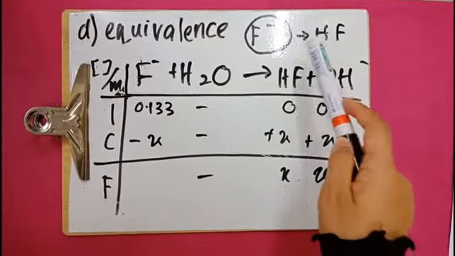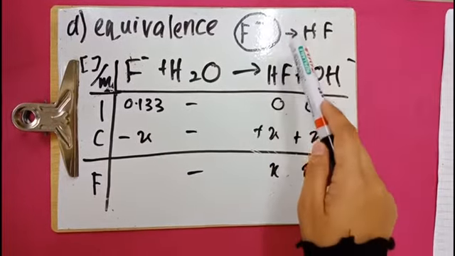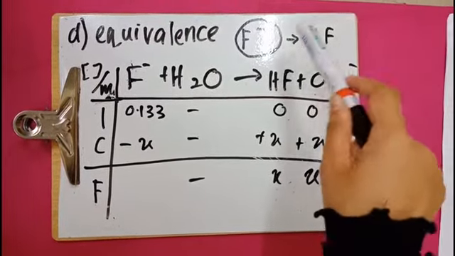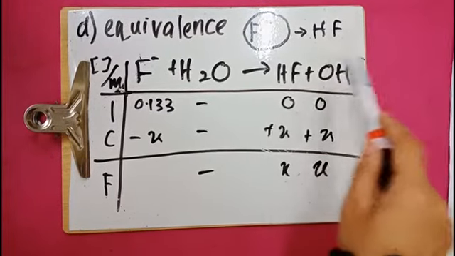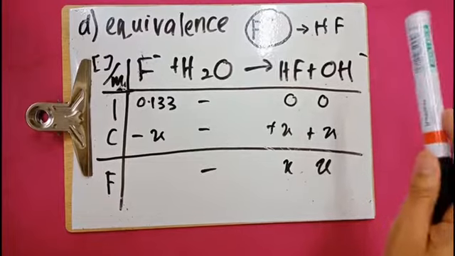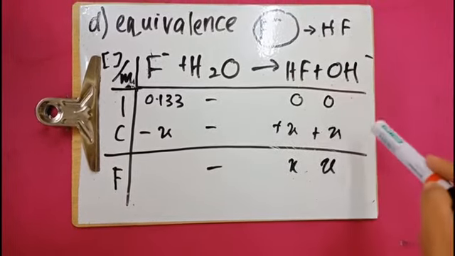From the KF, we find that F- is a strong conjugate base derived from a weak acid. So the F- will further react with water to form HF and OH-. We draw an ICE table to find the concentration of OH-.